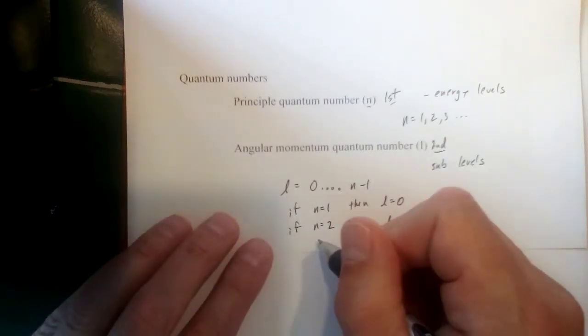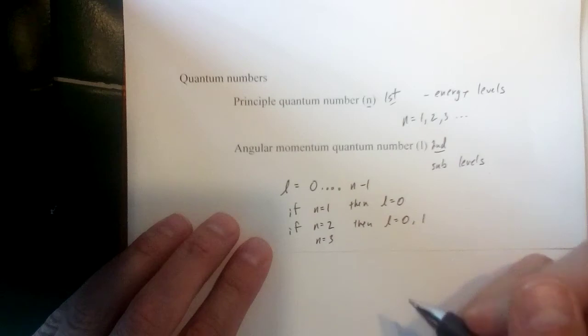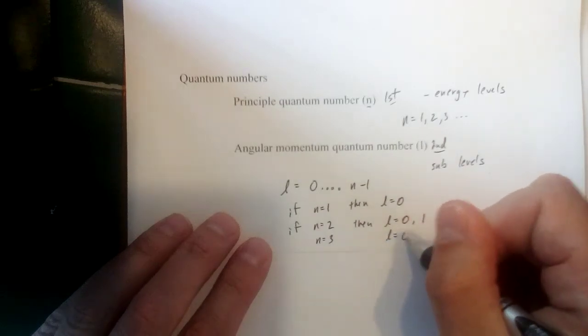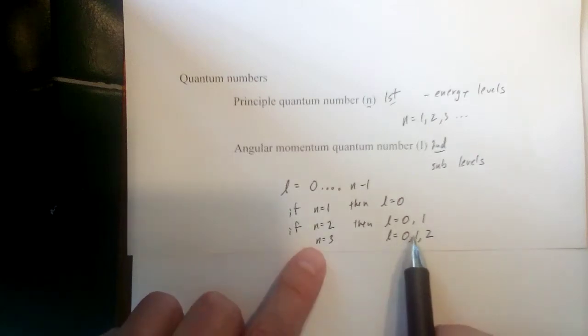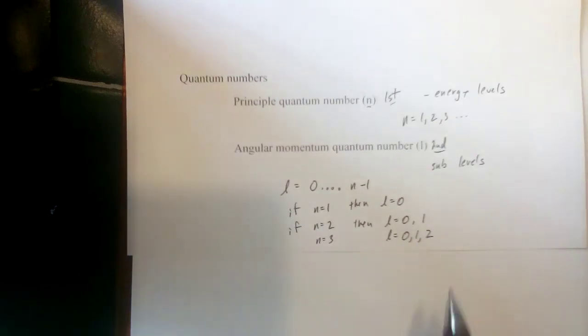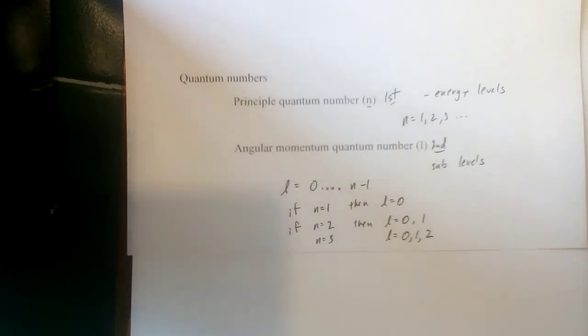Now, there's a trend going on here. We go to n equals 3, the third energy level, and we add a third value of L. The third energy level has 3 different sublevels, and those sublevels will have different characteristics that we'll see as well. And so on. The fourth energy level has 4 sublevels. The fifth energy level has 5 sublevels.